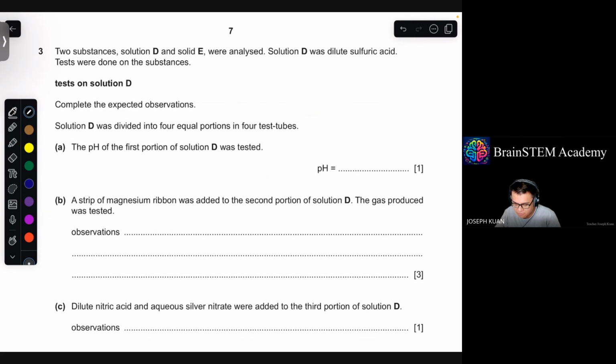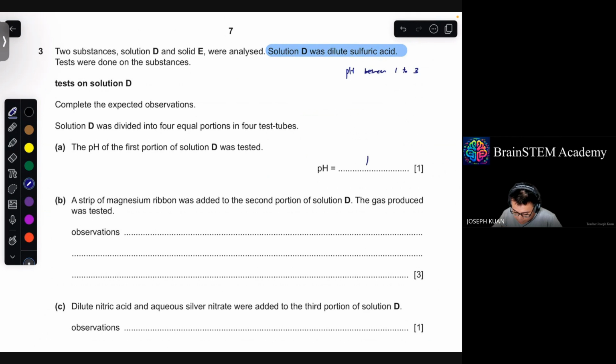A. The pH of the first portion of solution D was tested. Since it's already mentioned that solution D was dilute sulfuric acid, and we know that sulfuric acid is a strong acid, the pH will generally fall between 1 to 3. So you can give me 1 or 2 or 3.